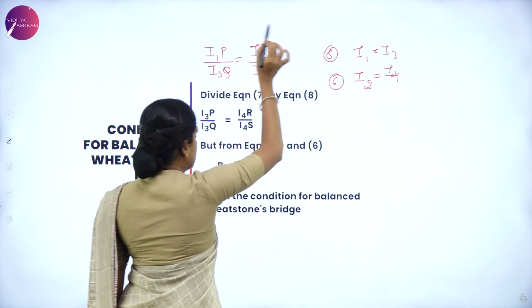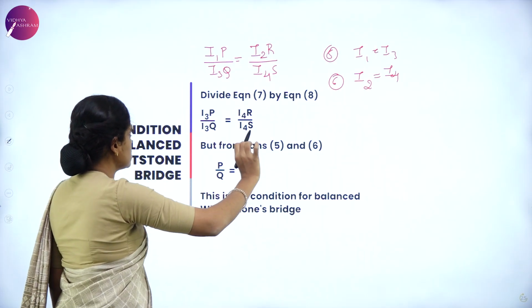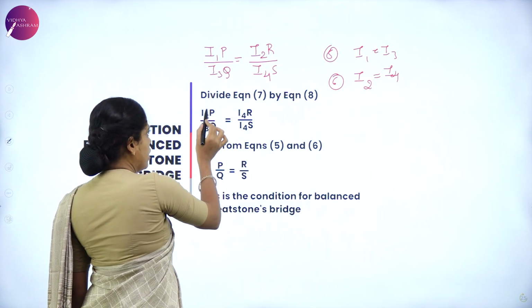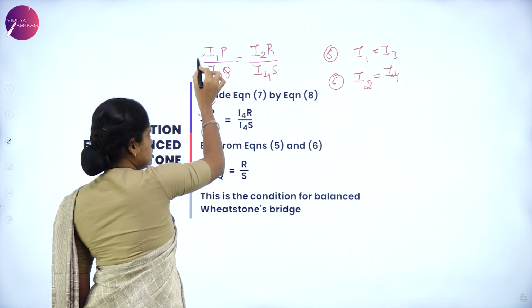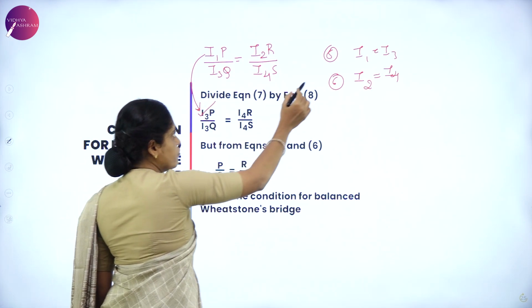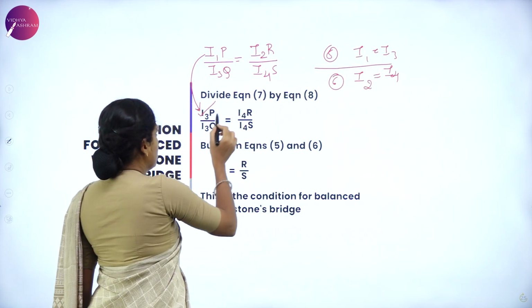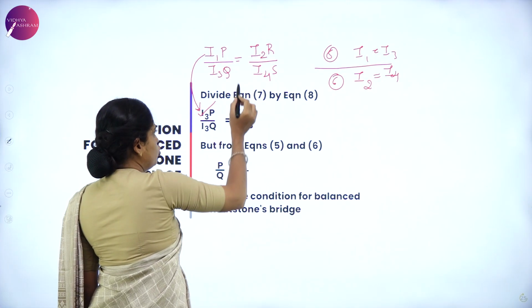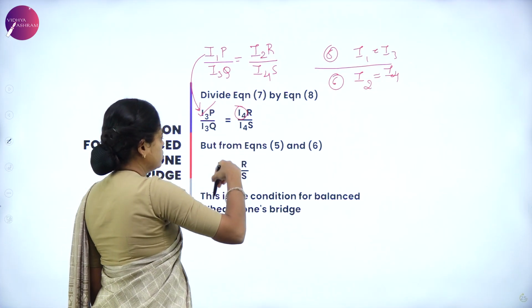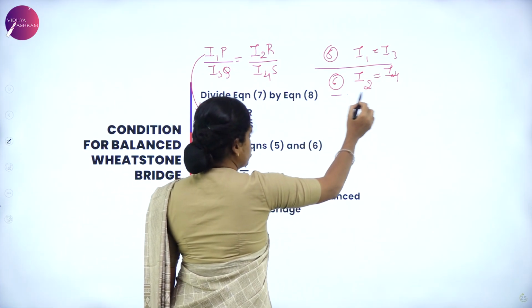So, using equations 5 and 6, the equation becomes I3 in the place of I1 from equation 5, then in the place of I2, we have I4 by equation 6.